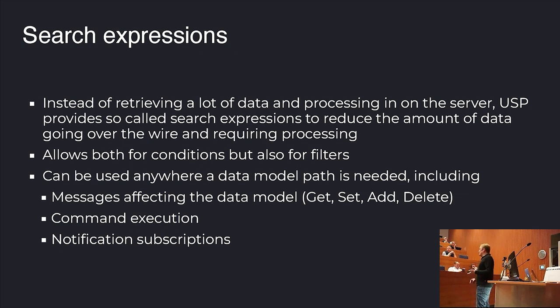You can use this also in bulk data collection, which means that you have the ability to basically say, I'm interested in Wi-Fi information, but only for the 5 gigahertz band or the 2.4 gigahertz band, or only for things that are actually enabled. So this is really powerful to actually reduce the amount of data that you're receiving directly on the device, and basically only receive the information that's actually important for the particular service to operate on the server.